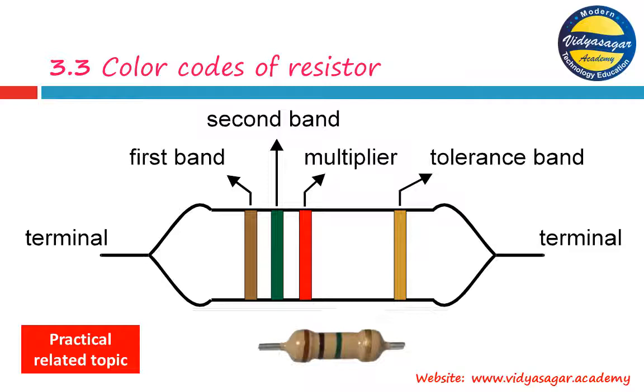The left one is the first band, then the green shown is the second band, and the third one is the multiplier band. Keeping some distance, there is one more band or color ring, known as the tolerance band. With these four color rings we can evaluate the exact resistance value of a particular resistor. How it is done, we shall see on the next screen.